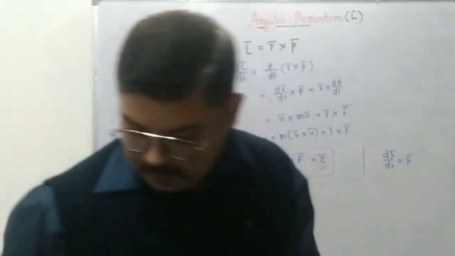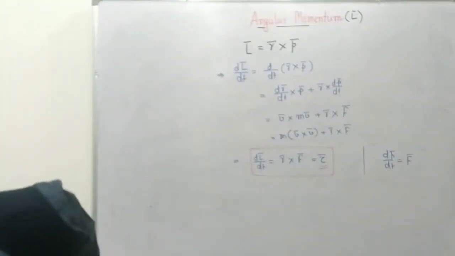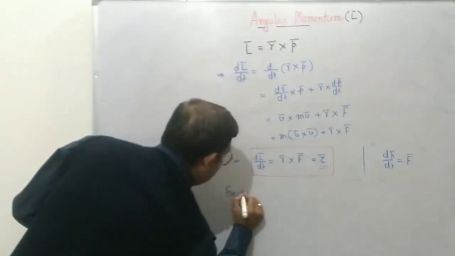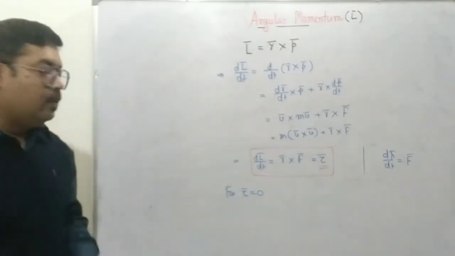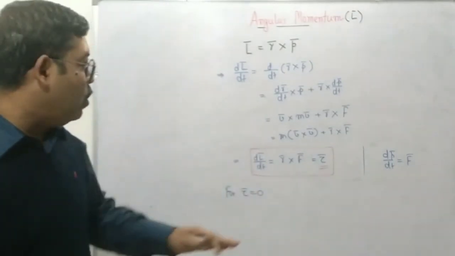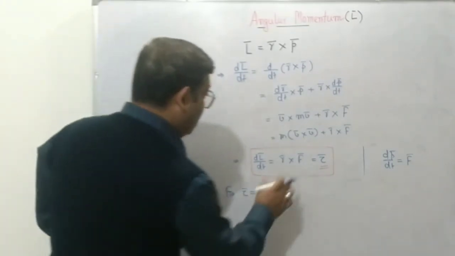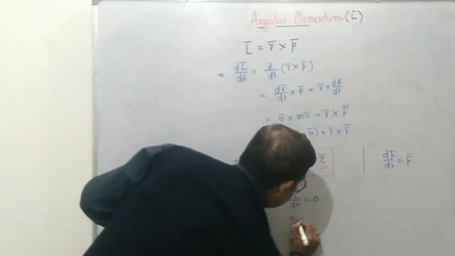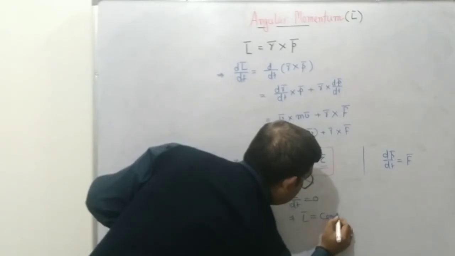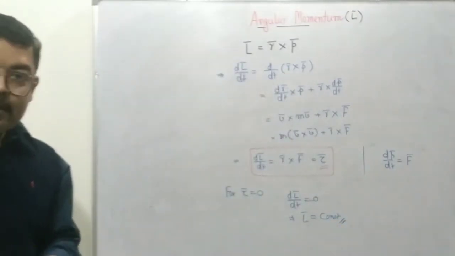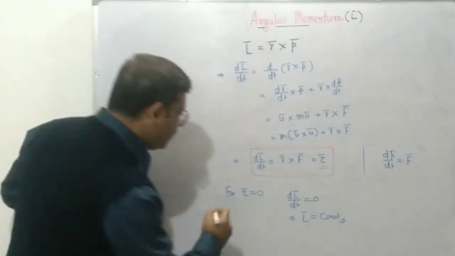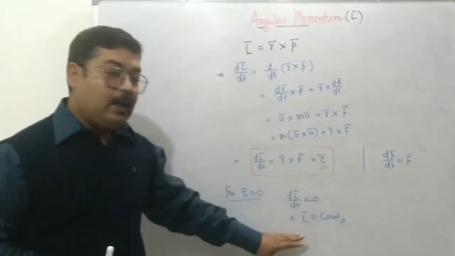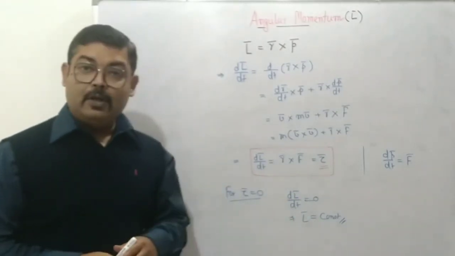So it will simply mean that for tau equal to 0, which means if there is no external torque on it, from this equation we get dL by dt will be 0, giving us L will be constant. Which means that for an isolated system, a system where there is no external torque acting on it, the net angular momentum of the system must be conserved.